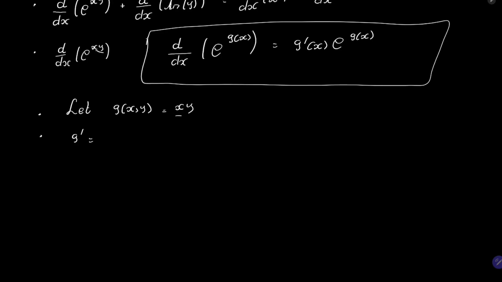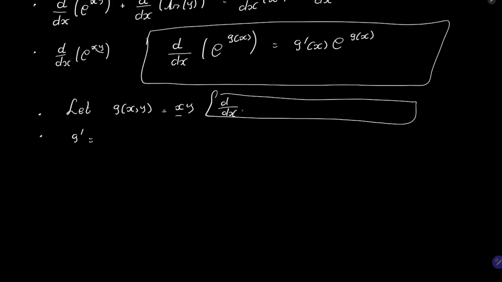So in order to find its differentiation, we need to use the product rule. So what does this product rule state? It says that the derivative with respect to x of a function, let's say uv, is equal to u dv plus v du.